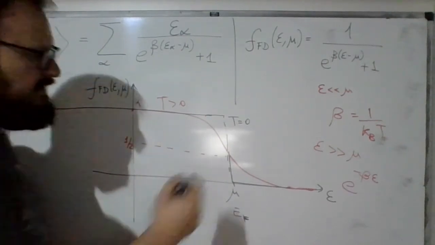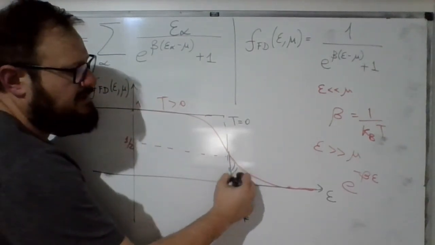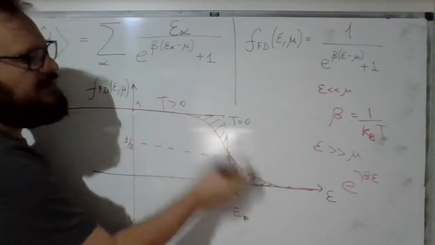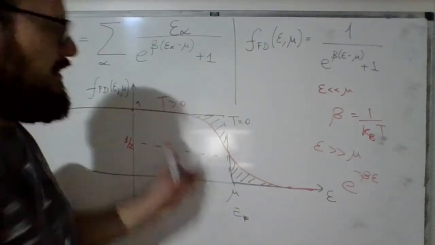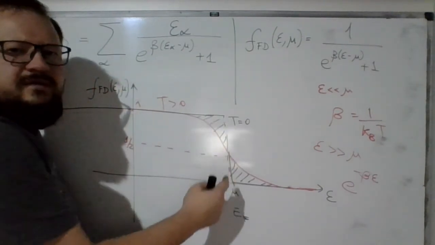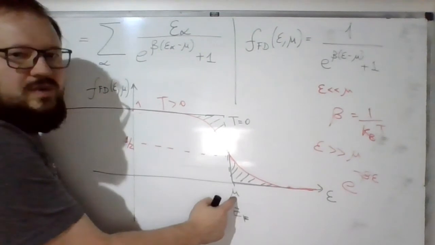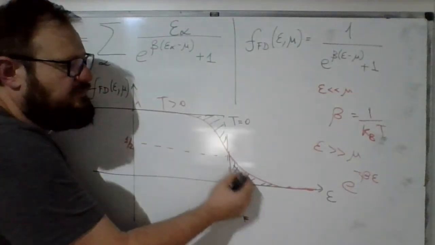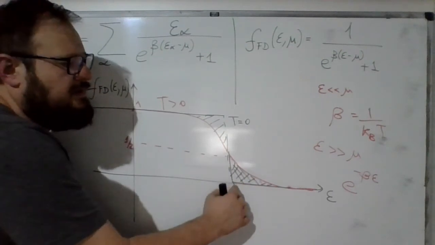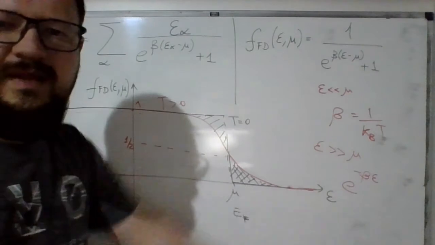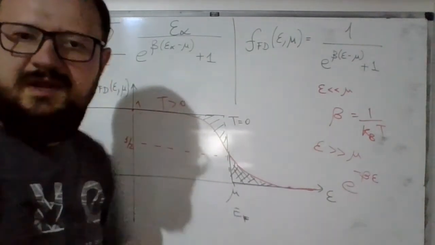So this area here is equal to the area here. Okay, these areas are equal because the amount of fermions you removed for energies lower than mu will be found. You'll find them in the spectrum of energies above the Fermi level or the chemical potential of your system.